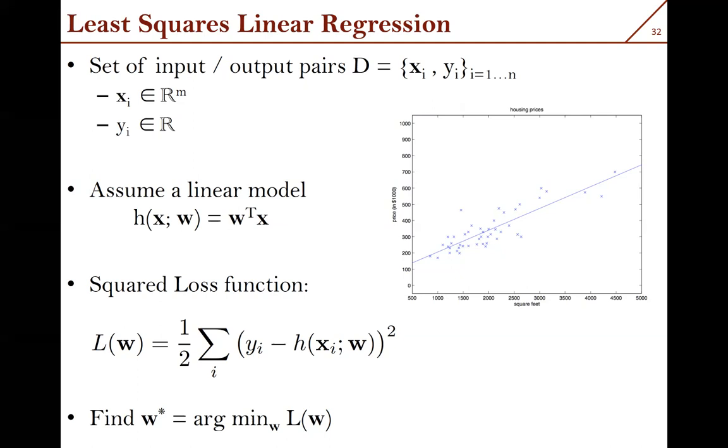And from that, you can find the square loss function, half of the sum over i of (y_i minus h(x_i)) squared, and y_i depends on what you want to do. If you are talking about regression, here it is not classification like 0, 1 or C1, C2. Here you have a function, right?